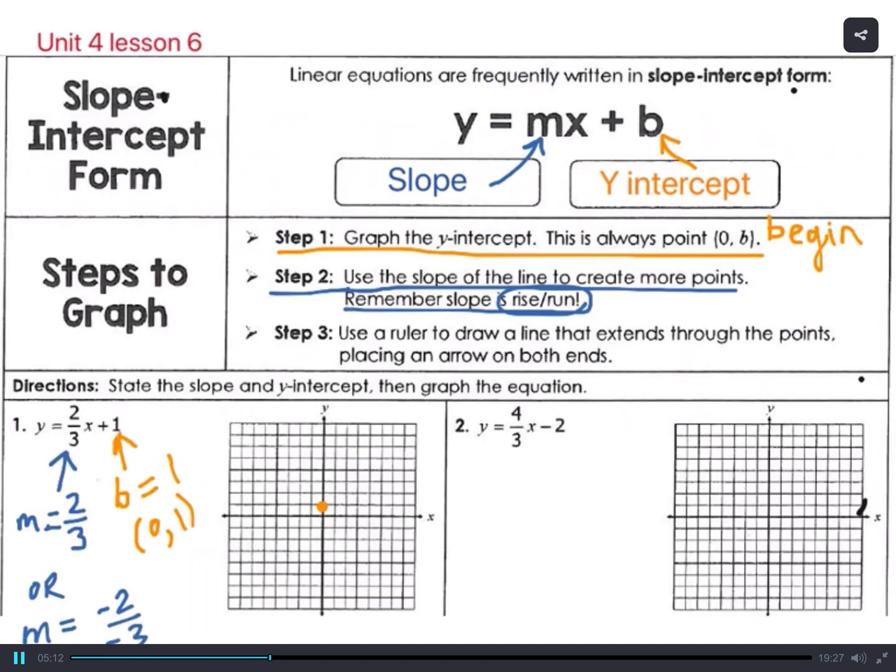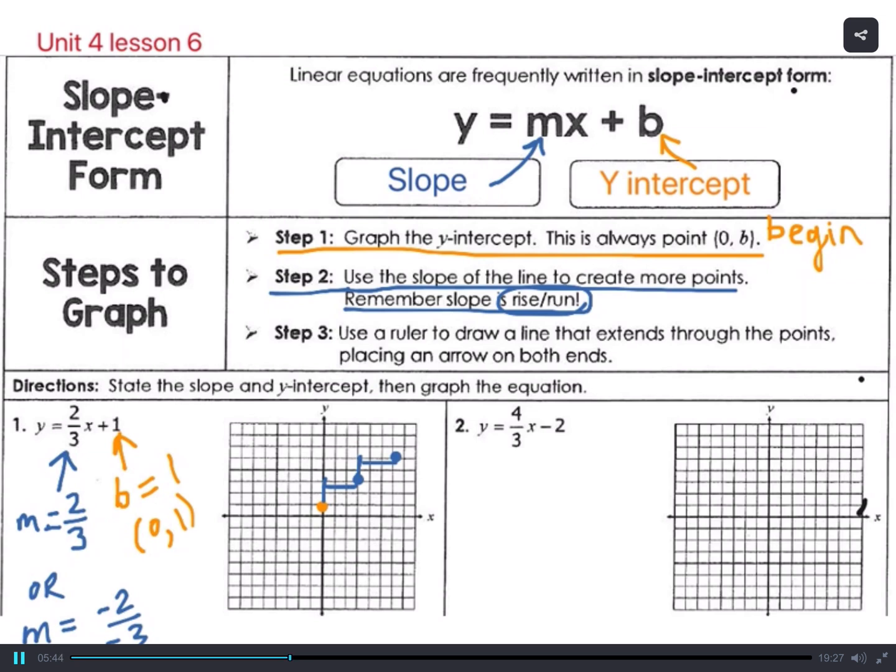All right, so I'm back to example number one. The slope I identified is 2/3. So when I am at the y-intercept, I can go up 2 and then to the right 3 and make a new point. And I can keep doing that. Up 2, over 3 and make a new point.